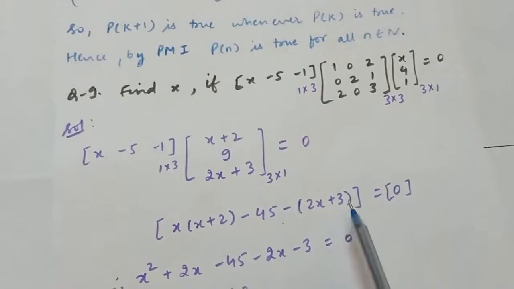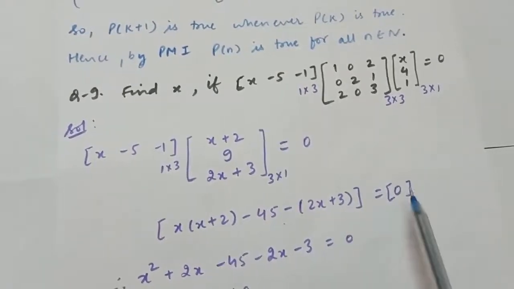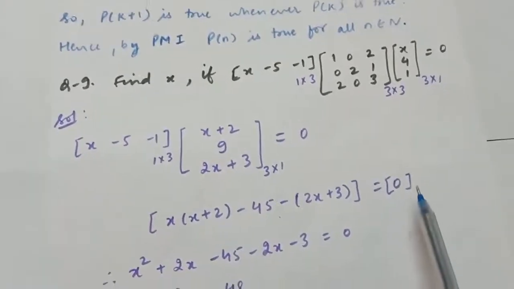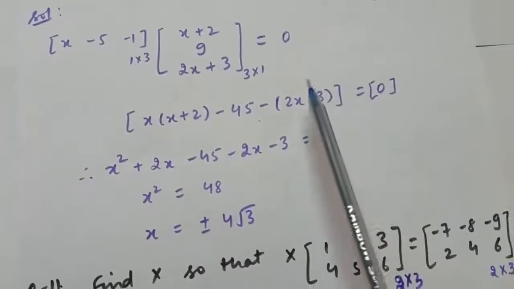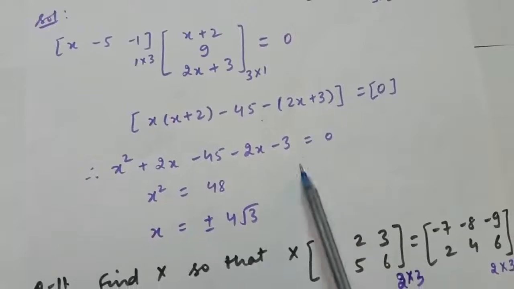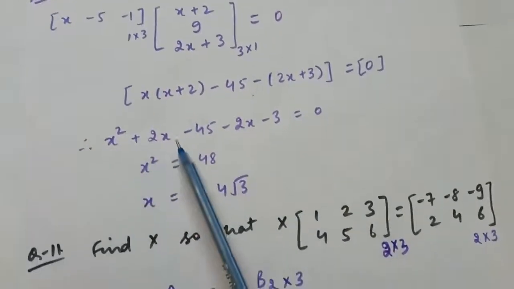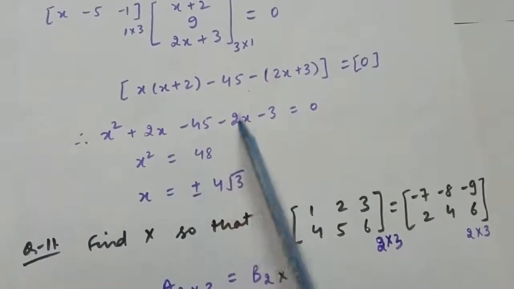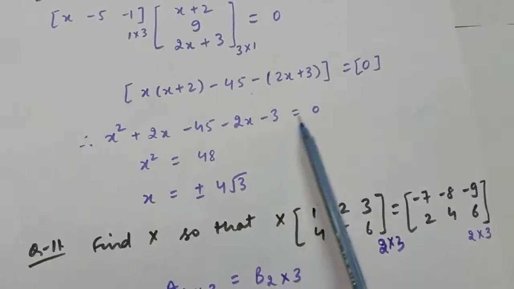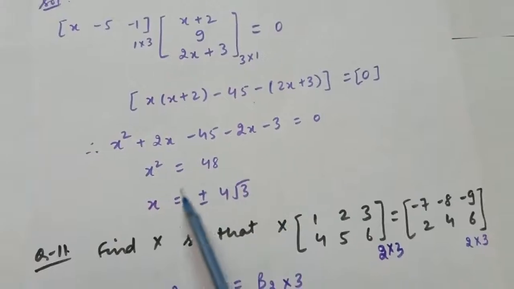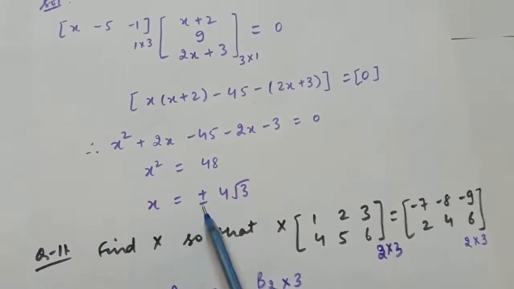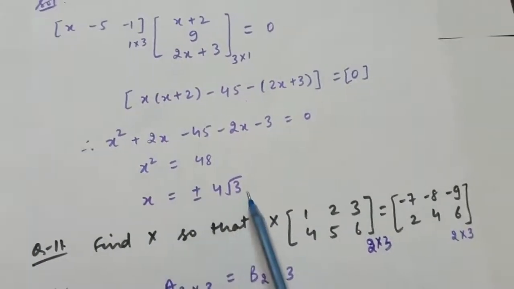So this matrix has order 1 cross 1, so we will take the order of this matrix also as 1 cross 1. Because these two matrices are equal, the corresponding elements will be equal. Therefore x square plus 2x minus 45 minus 2x minus 3 is equal to 0. And after solving this, you will get the value of x as plus minus 4 root 3.